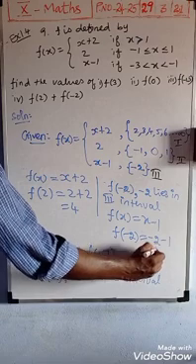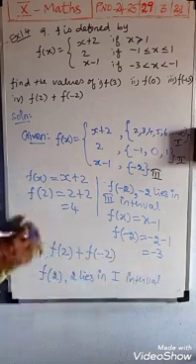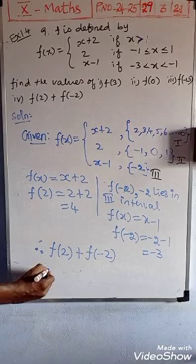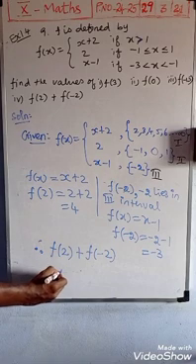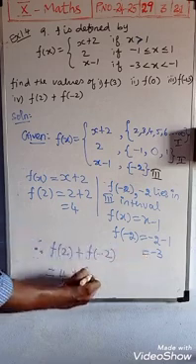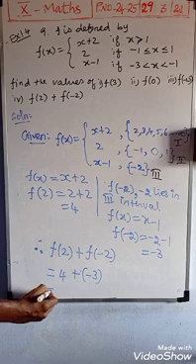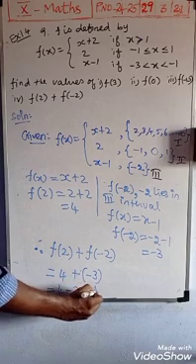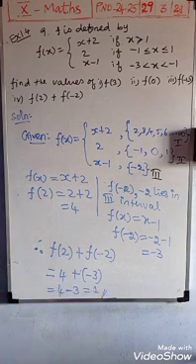You will get minus 3. Therefore, adding these two values, f of 2 value is 4 plus f of minus 2 value is minus 3. So 4 minus 3, you will receive the answer 1.